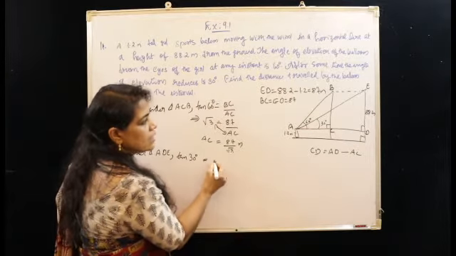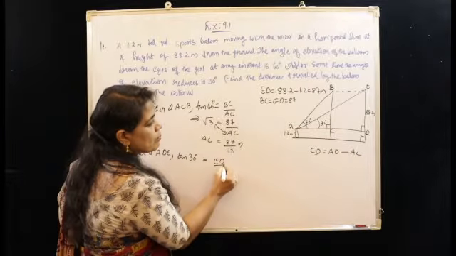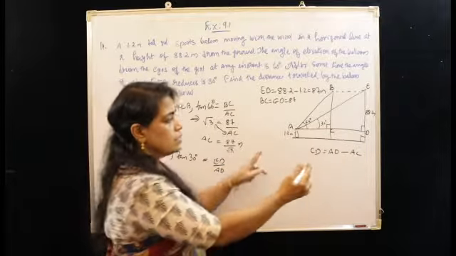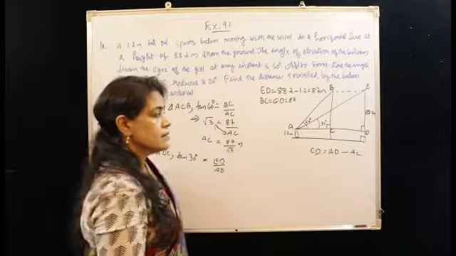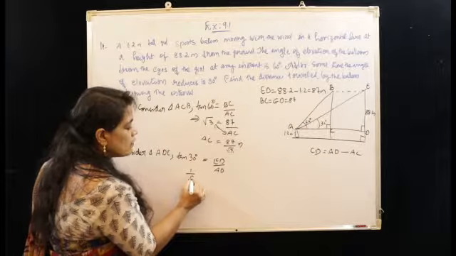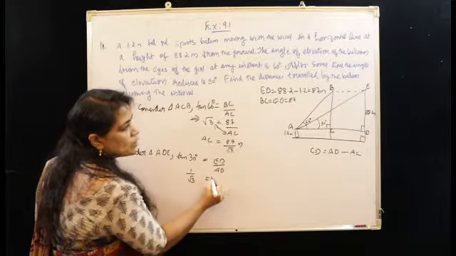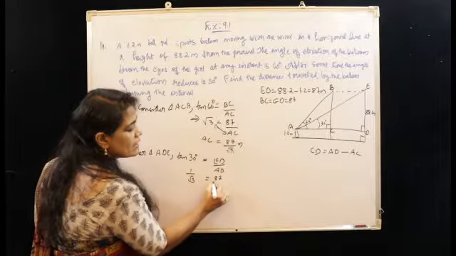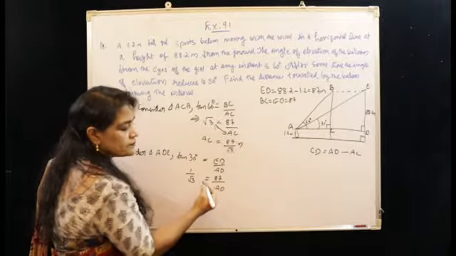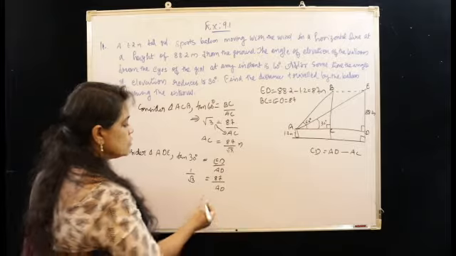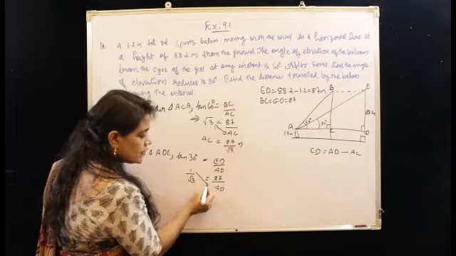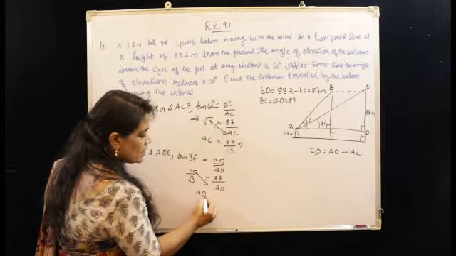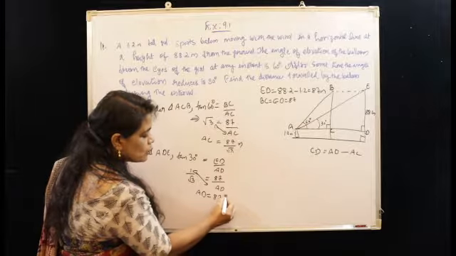So tan 30 degree equals ED by AD, the big triangle, with AD as the adjacent side. So 1 by root 3, the value of tan 30, equals ED, given as 87, divided by AD. By cross multiplication, AD equals 87 root 3.